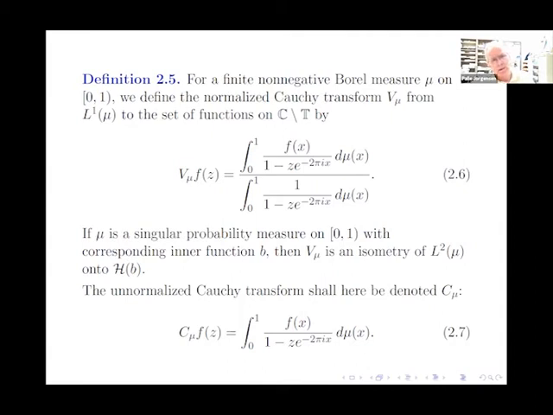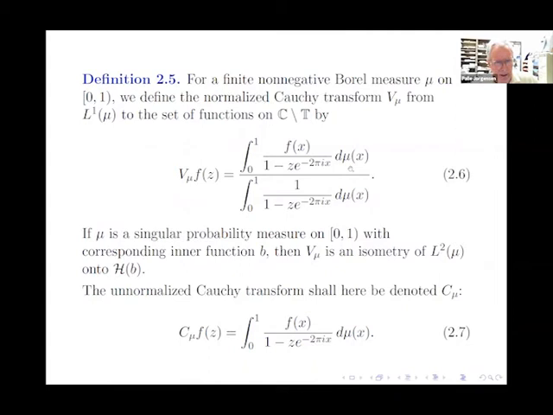In the denominator, you could think of that as C of mu on the constant function 1. And C of mu on the constant function 1 is closely related to that inner function we talked about. So 1 divided by this C mu of 1 is actually 1 minus B, where B is the inner function corresponding to a singular measure mu.